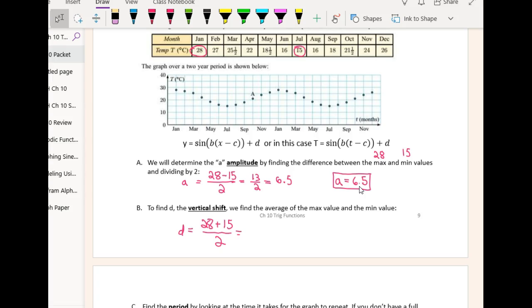That gives us 43 over 2, which would be 21 and a half. So D is 21 and a half.